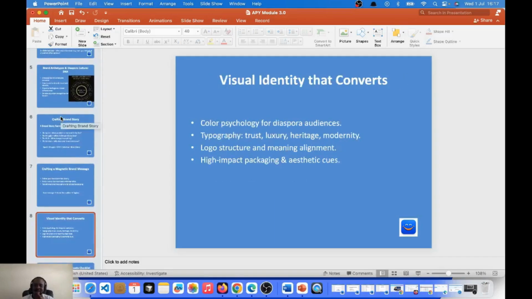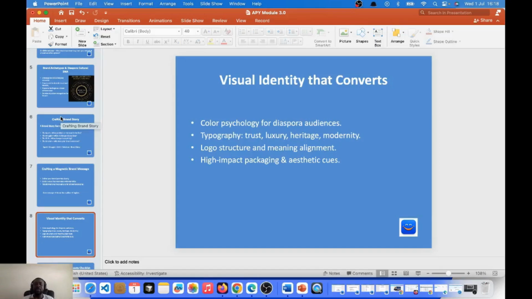So let's go on. The other important part of this module is the visual identity that converts. What is the visual identity that converts, or that makes your brand stand out? A lot of people make mistakes with this one. You just think colors are chosen at random.